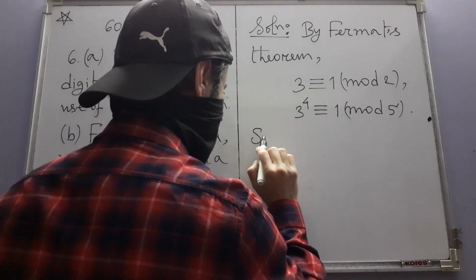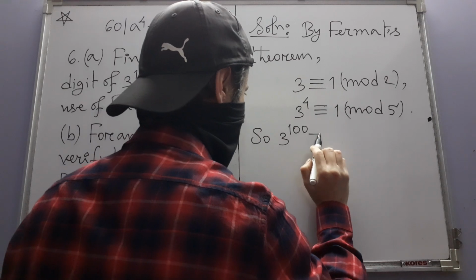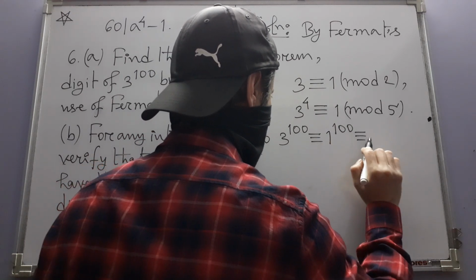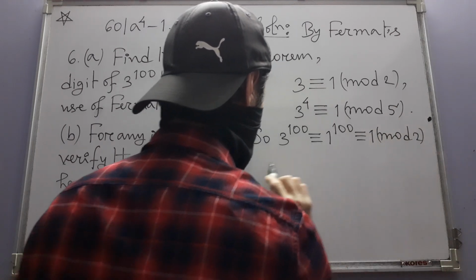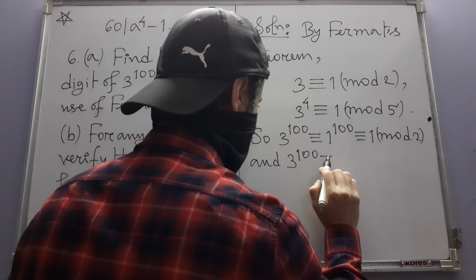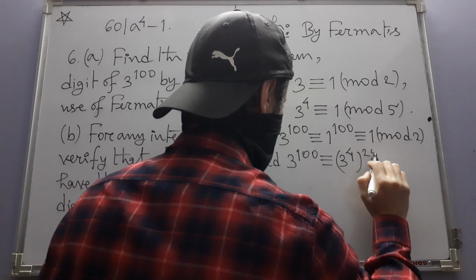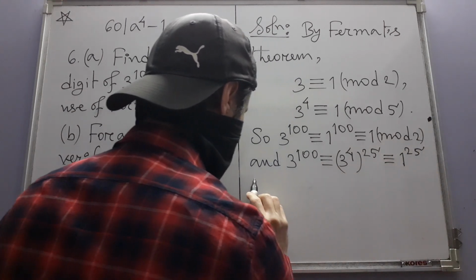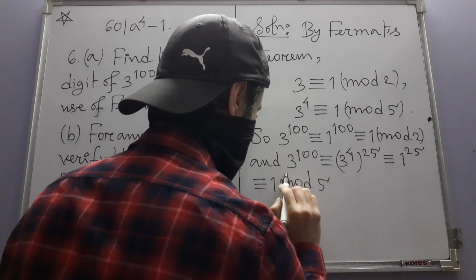So 3 to the power 100 is congruent to 1 to the power 100, which is congruent to 1 mod 2, and 3 to the power 100, which can also be written as this, is congruent to 1 to the power 25, that is congruent to 1 mod 5.